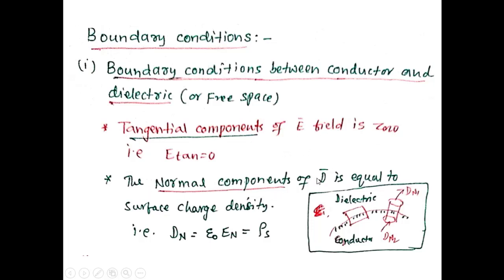The normal component of D bar is equal to the surface charge density. Dn is equal to epsilon naught En, which is equal to rho s, because in the conductor Dn2 is also absent. Therefore, we get only Dn1 equal to the surface charge density.